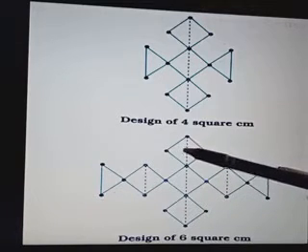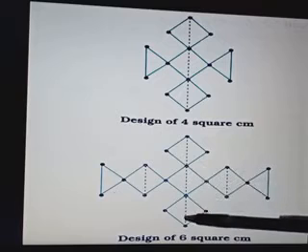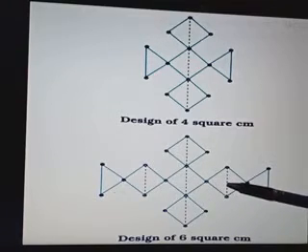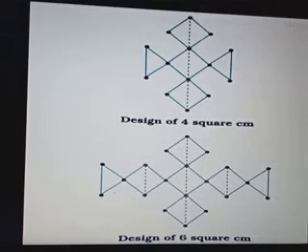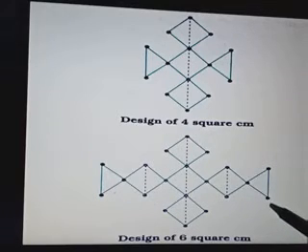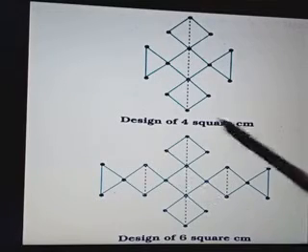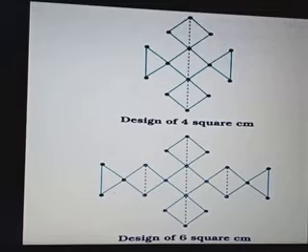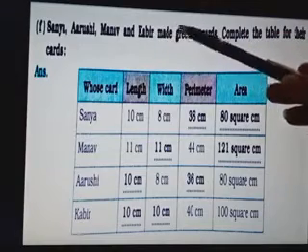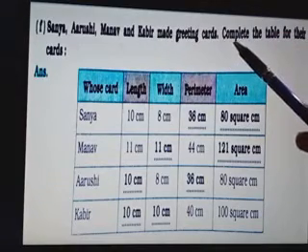So first of all count this: 2 plus 2 is 4, 4 plus 2 is 6, plus 2 is 8, plus 2 is 10, and this 2 will make 12. So total 12 tiles will be needed to cover this shape. And what is the area of these 12 tiles? 6 square centimeter. Clear?